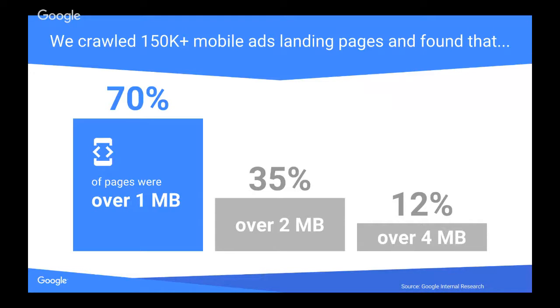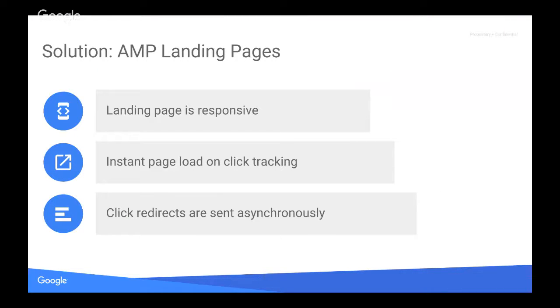And I think one thing that causes that is because it's heavy, right? It's more than 1 megabyte, so it takes a lot of data and a lot of time to load the web page. So how do you fix it? The solution is of course to use AMP landing pages. AMP landing pages is a new thing that we announced a few months ago.